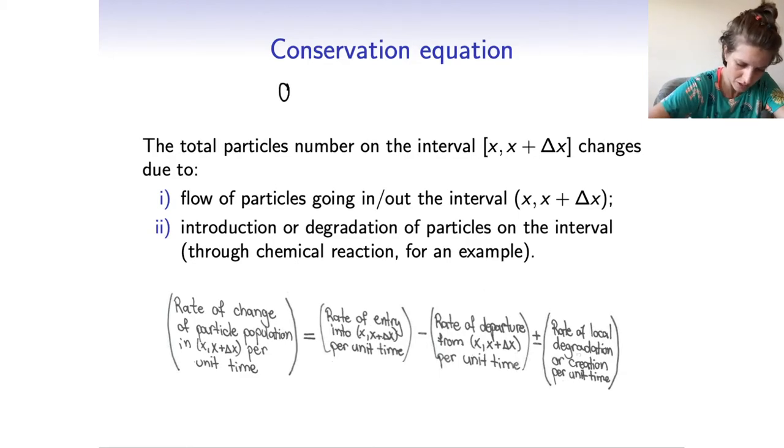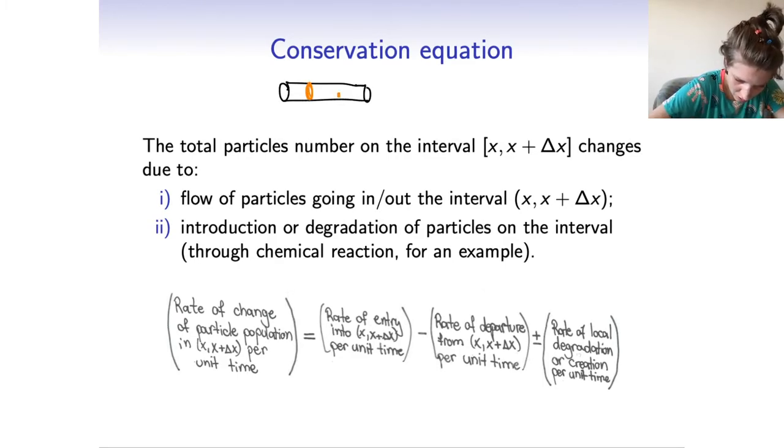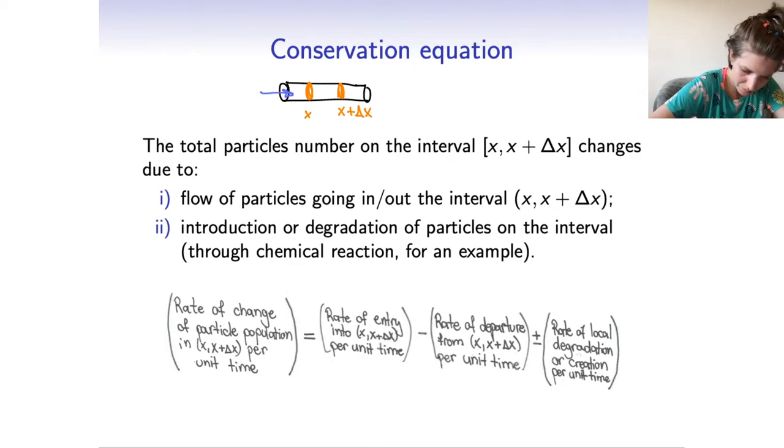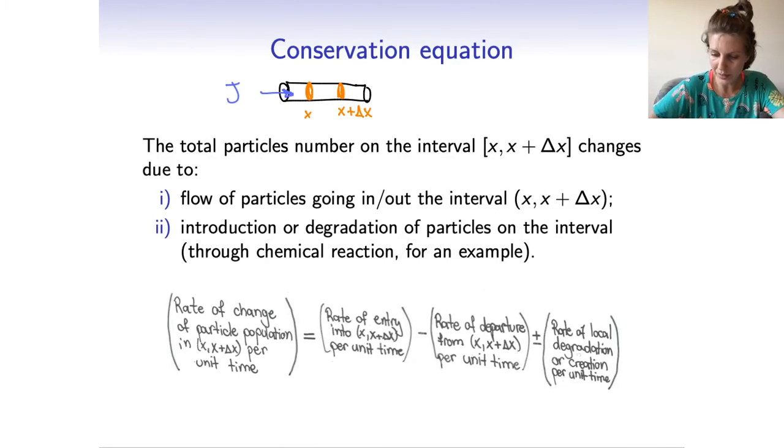Here we have our tube, and we are interested in the change in this interval x to x plus delta x, and we have some flux coming in here that we call J, and also we can consider some sink, adding, which could be positive or negative. If it's positive, we are adding something, and if it's negative, we are losing something.